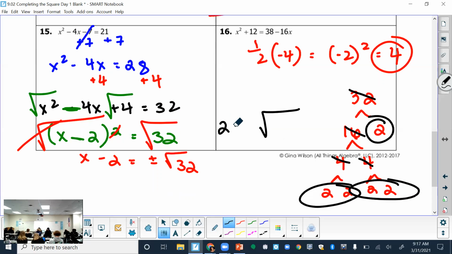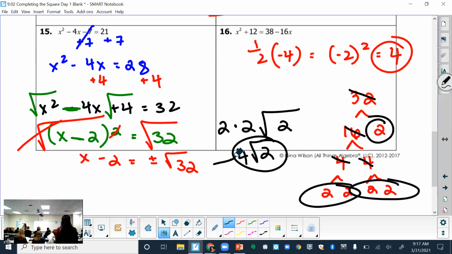So a pair of 2's escaped, another pair of 2's escaped, and we have this one that did not escape, so it's still under the radical. Outside, 2 times 2 is 4. So then this is my radical that goes here. So plus or minus 4 radical 2.